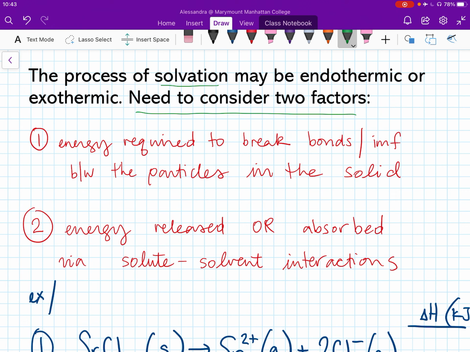The first factor is always going to be endothermic because it requires energy input to break bonds and intermolecular forces. The second factor, however, can be exothermic or endothermic, depending on what kind of solute-solvent interactions you have.